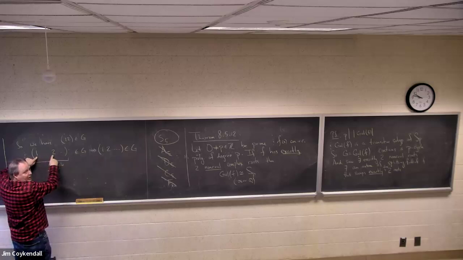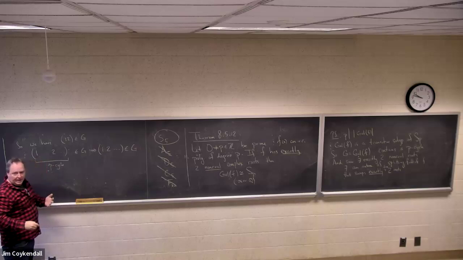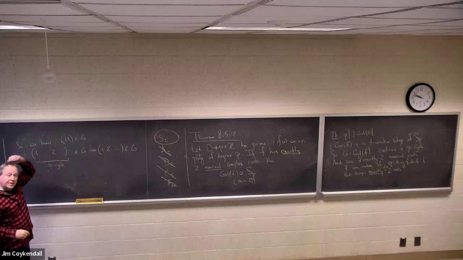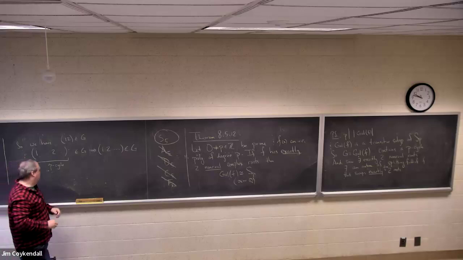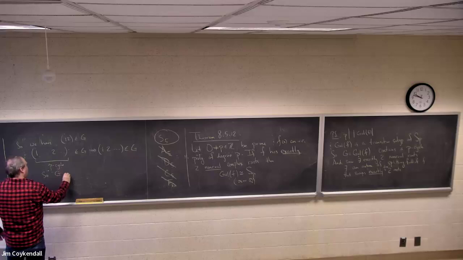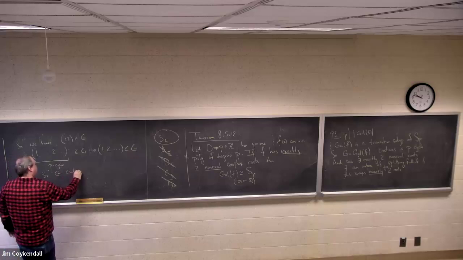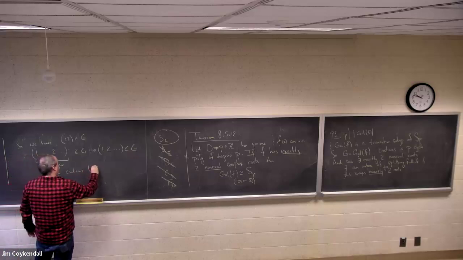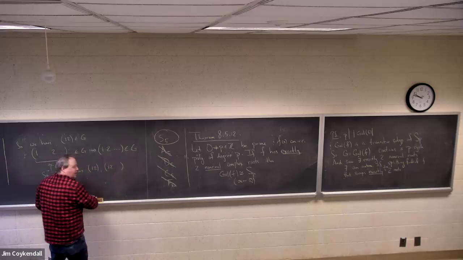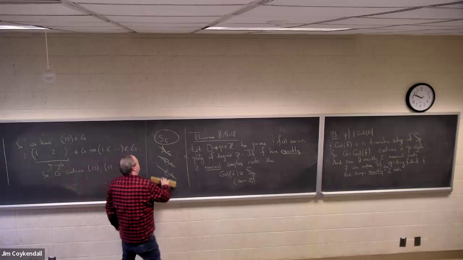And if it's 2 steps away, I'll use p cubed and so forth, right? P is a prime, so what is generated by p is generated by any power of p other than the p power. Everybody agree with that? So G contains (1 2) and a p cycle.